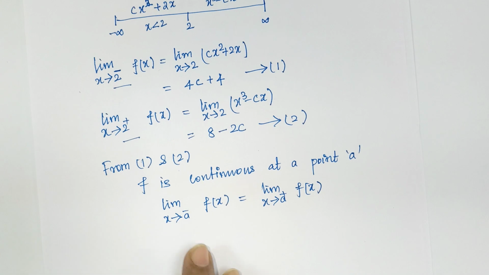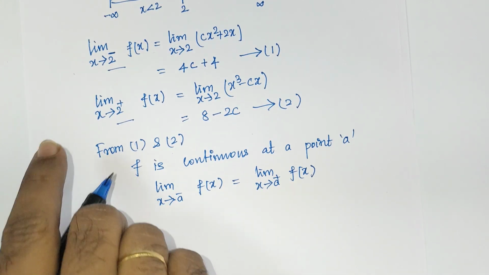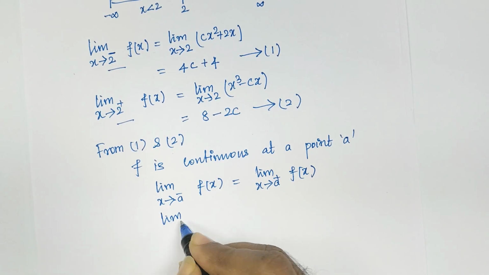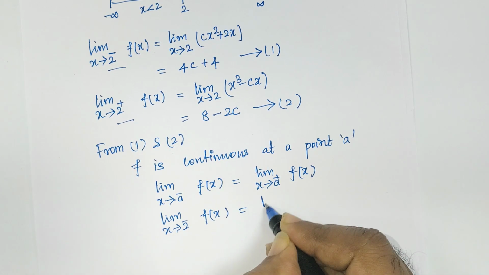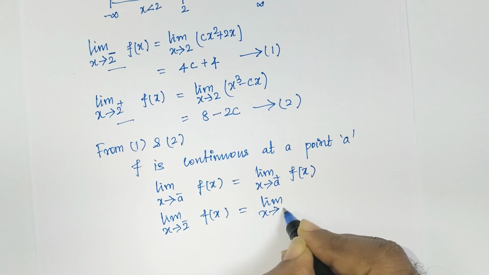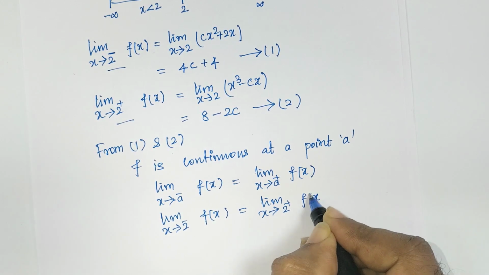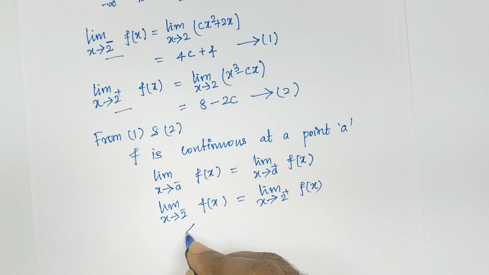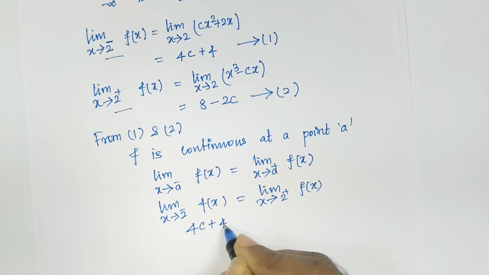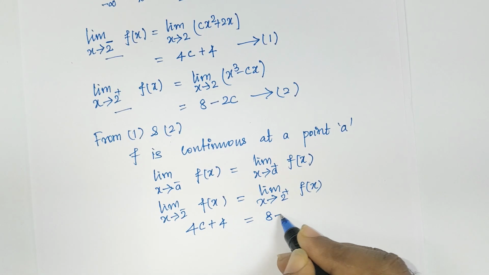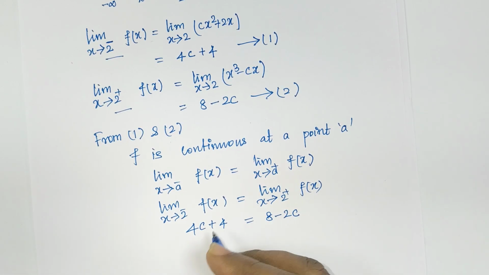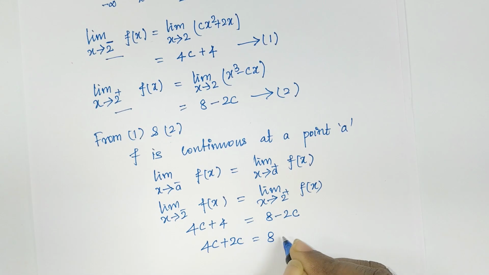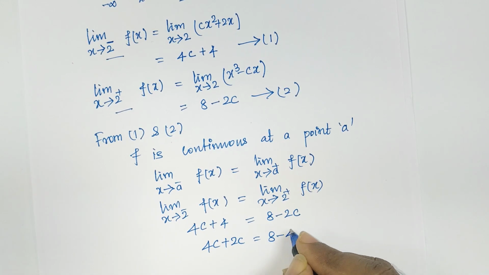So based on equation 1 and 2, I will say limit x tends to 2 left hand side is equal to limit x tends to 2 plus, means right hand side. The values are: left hand side 4c plus 4, right hand side 8 minus 2c. Minus 2c shift to left hand side, 4 you can shift to right hand side, you will get 4c plus 2c equal to 8 minus 4.